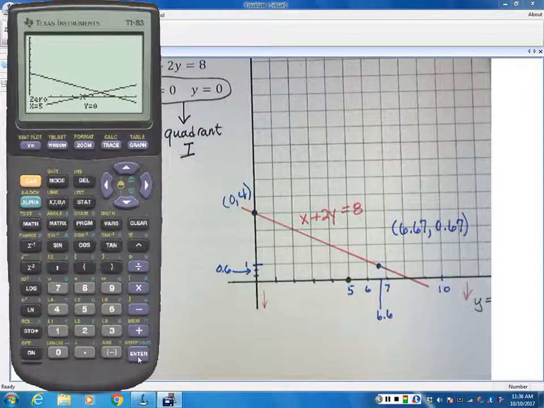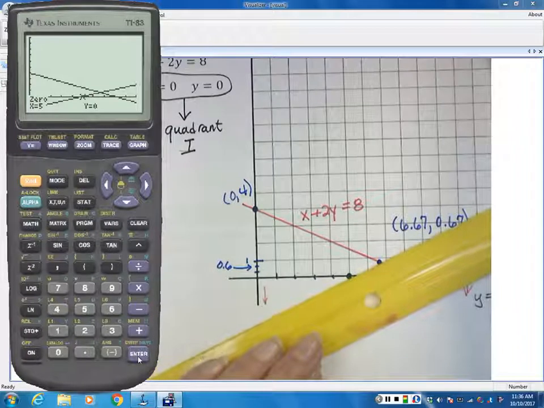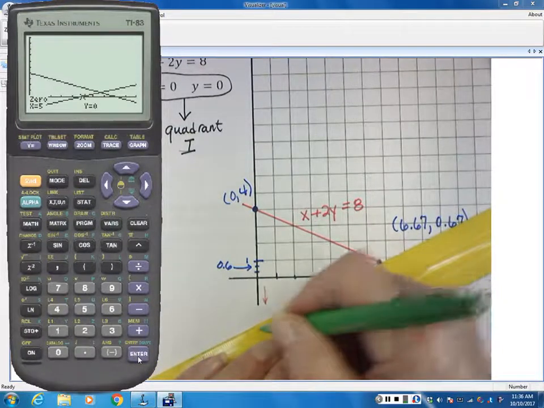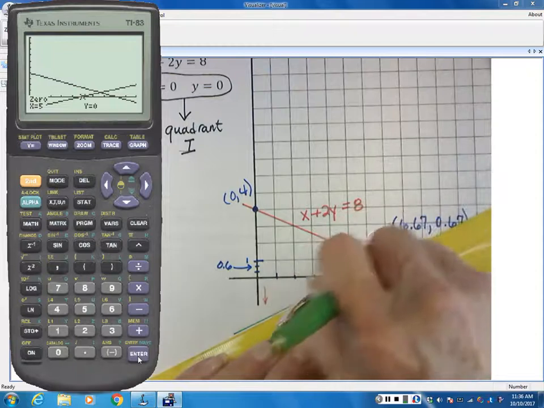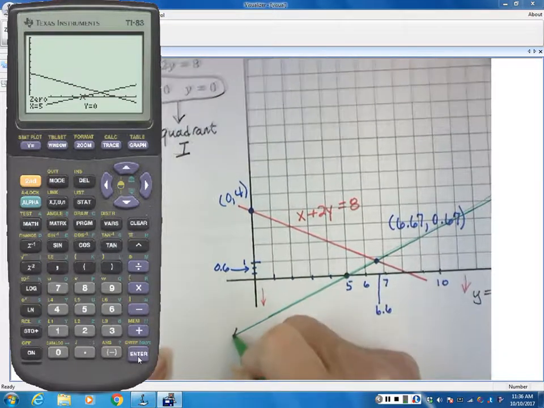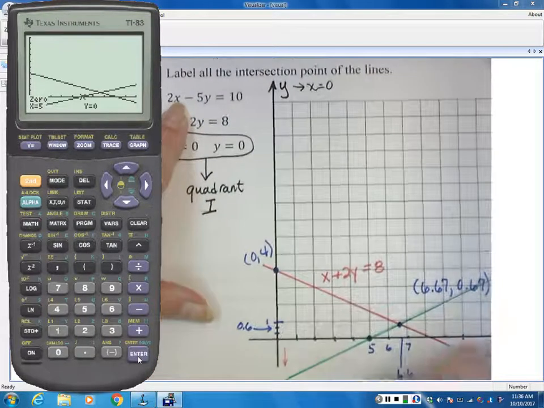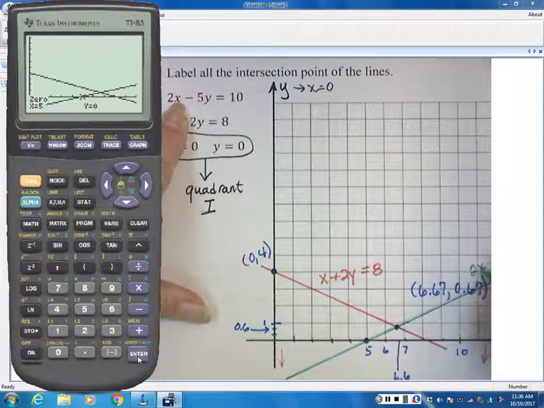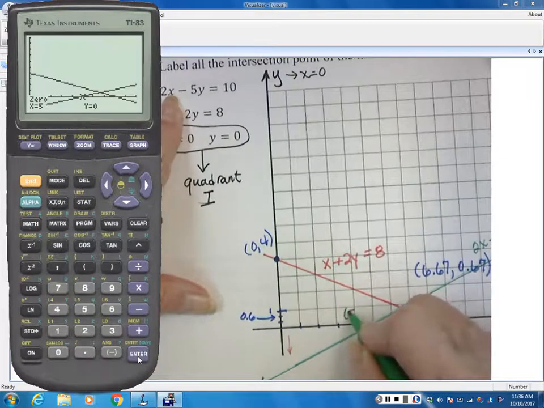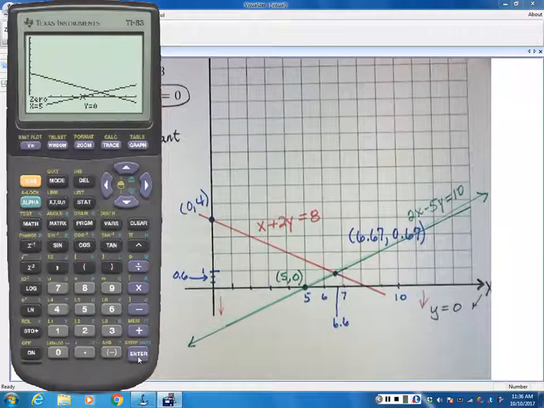And that means that this line, this is the other line, so that's 2x minus 5y equals 10. And then I need to find the other x-intercept.